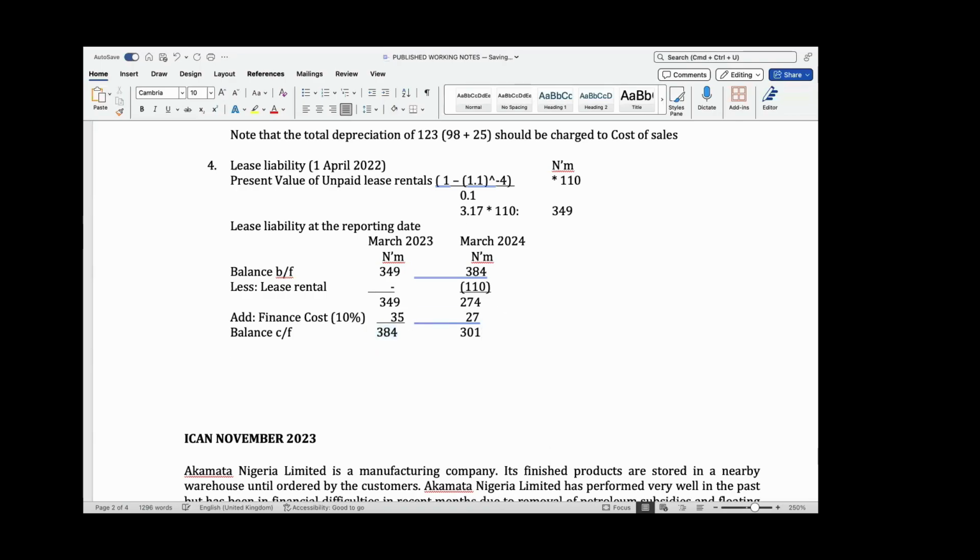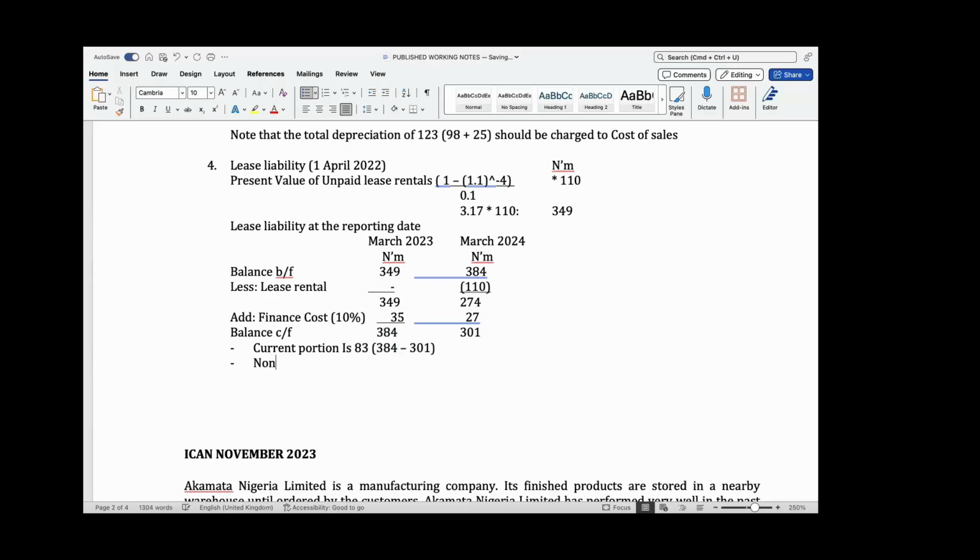So here now, the current portion here is 384 minus 301, which is 83.